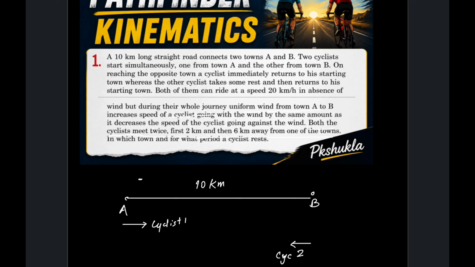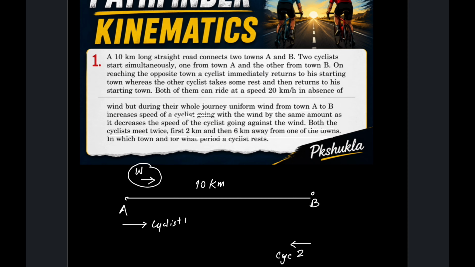So there is a wind from A to B. Let the speed of wind be W. So whichever cyclist is moving from A to B, wind will help that cyclist, and the other cyclist will be resisted by the wind. Both cyclists meet twice, first 2 km and then 6 km away from one of the towns. In which town and for what period of time a cyclist rests?